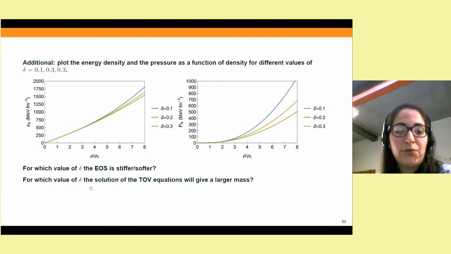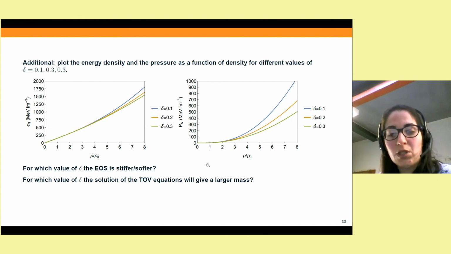For which value of delta will the solution of the TOV equations give a larger mass? Once you are given the equation of state, which is basically the relation of the energy density and the pressure as a function of density, obtained here with a simple parameterization, though there are many models you can use, you can solve the TOV equations of general relativity.